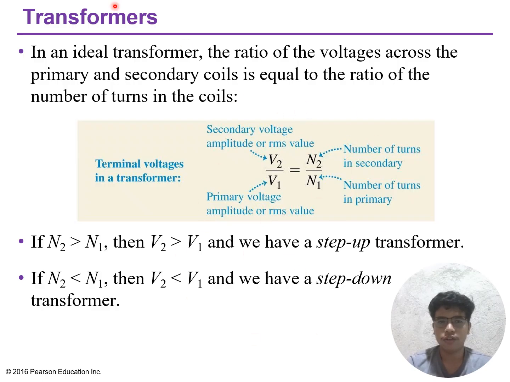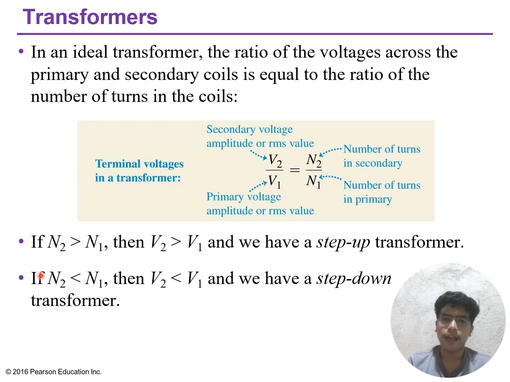This relationship holds for both voltage amplitude and RMS value, making it universally applicable to AC circuits. Terminal voltage in a transformer refers to the voltage measured across the primary and secondary windings when connected to an AC source and load.